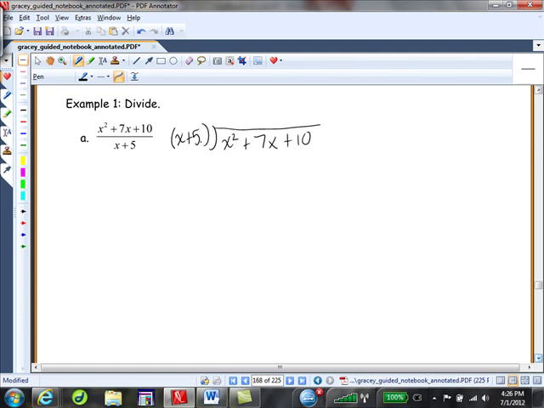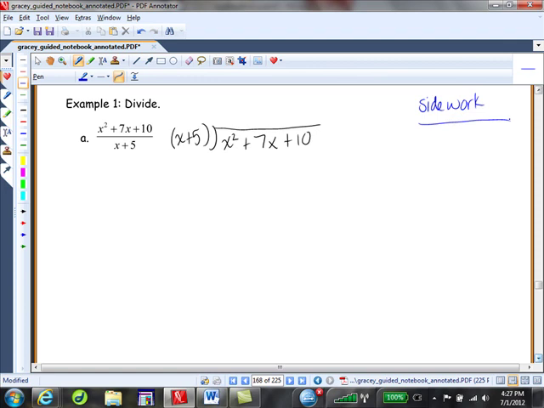Notice that both the divisor and the dividend were already written in descending powers of x. If you need to do some side work, go ahead. So this is our side work. That first step says that you divide the first term in the dividend by the first term in the divisor.